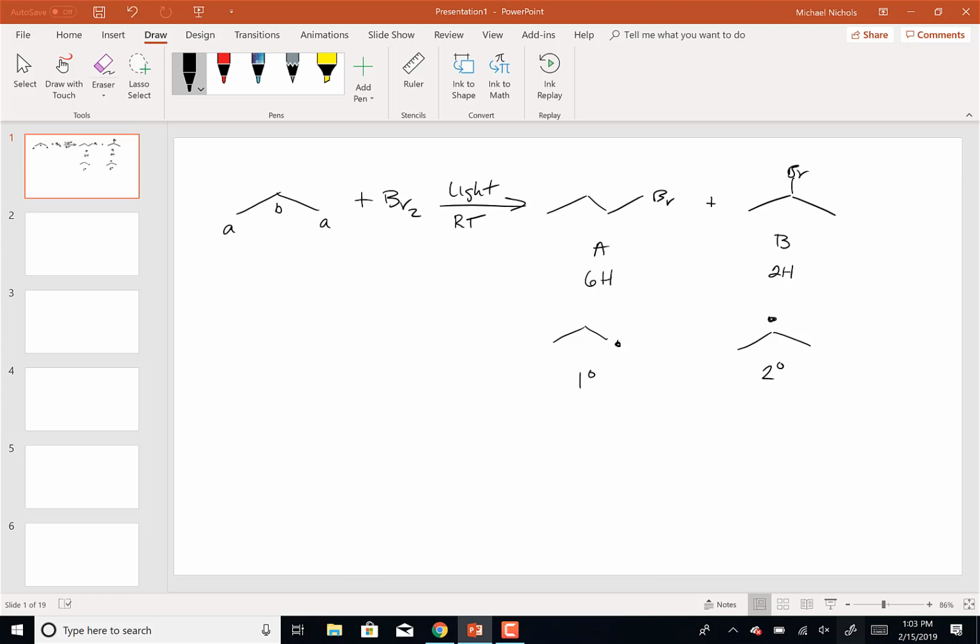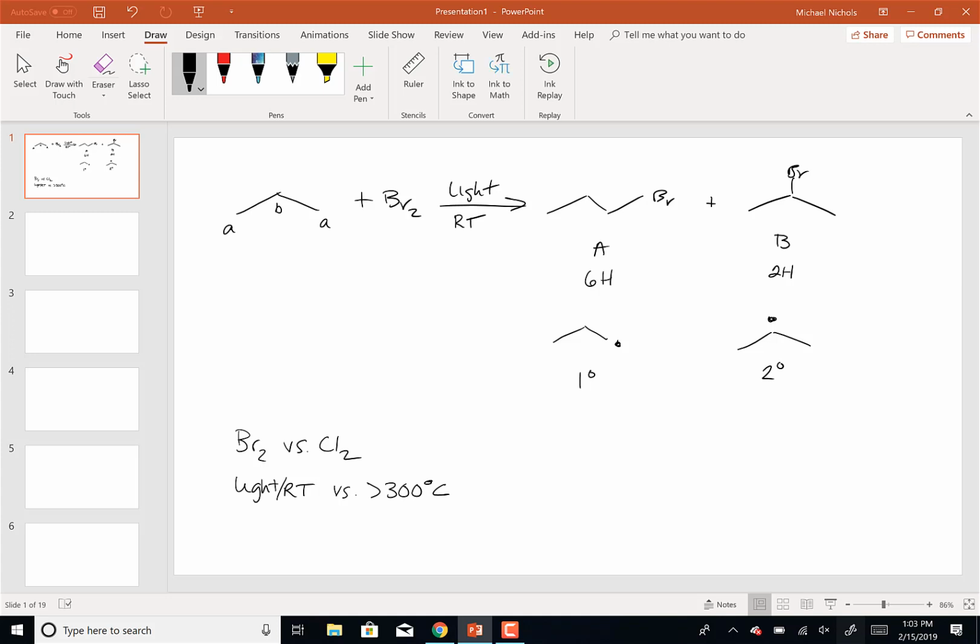Okay, so which one is going to be the major product? It's going to depend. What's it going to depend on? It's going to depend on whether we use bromine or chlorine. It's also going to depend on whether we use light at room temperature or we go to greater than 300 degrees Celsius.